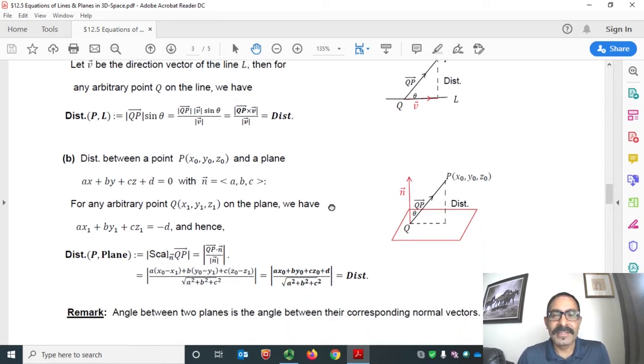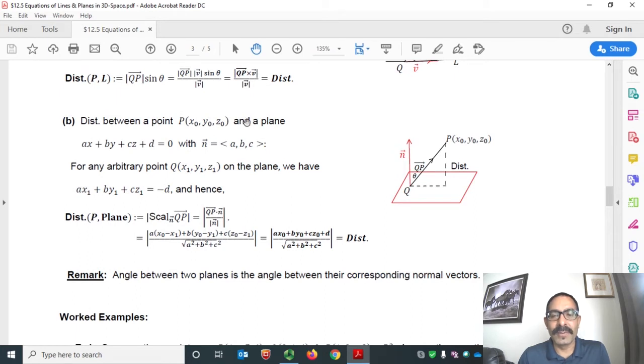Similarly, let's talk about the distance between a point and a plane. Again, given a point P in space, whose coordinates are x0, y0, z0, and our plane is down here. We want to find this distance from the point to the plane. When you have a plane, then we have this normal vector n. Then we can find this distance, that means we find this height, which is simply the scalar projection of this vector onto n.